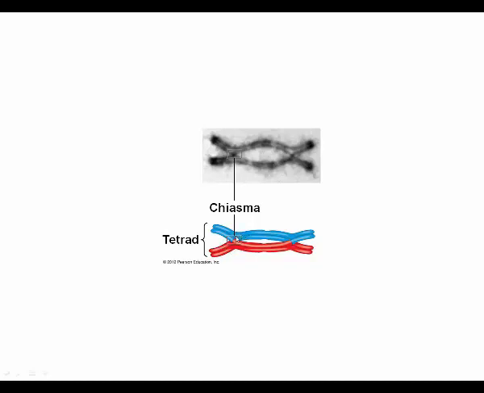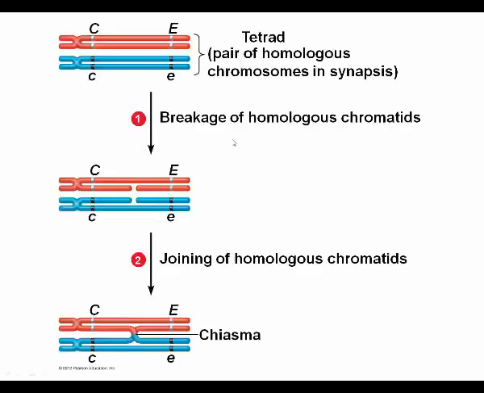In the tetrad, a chiasma is formed, and a chiasma is where we actually get a cleavage of DNA.